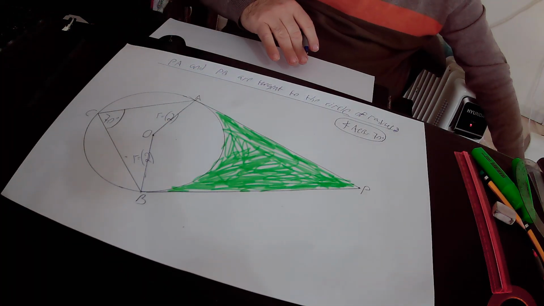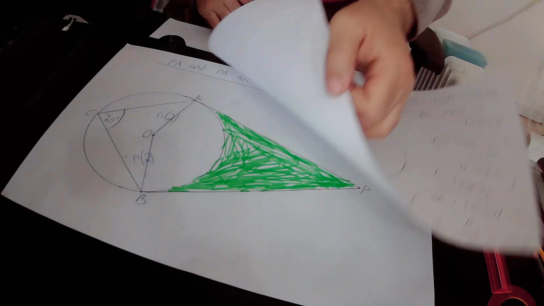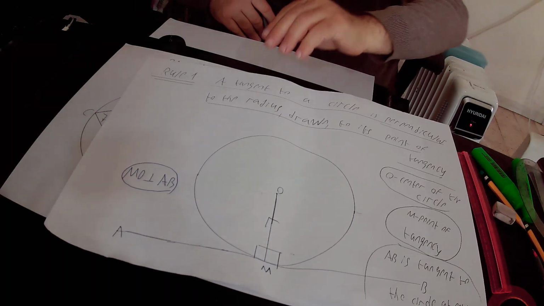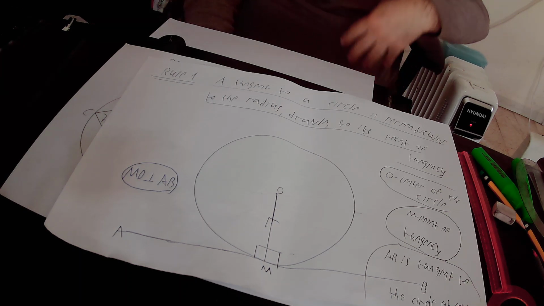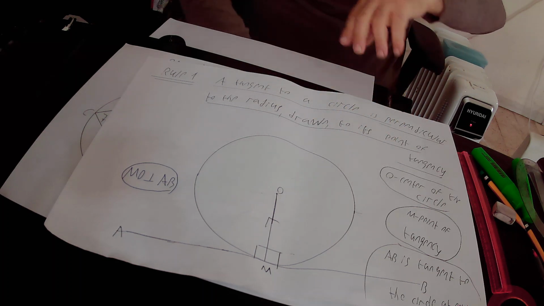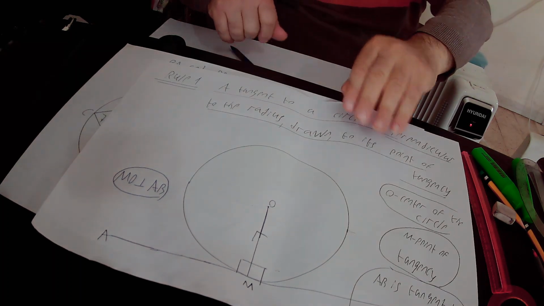According to rule 1, a tangent to the circle is perpendicular to the radius drawn to its point of tangency. So in the drawing we have a circle, and we have also tangent AB.